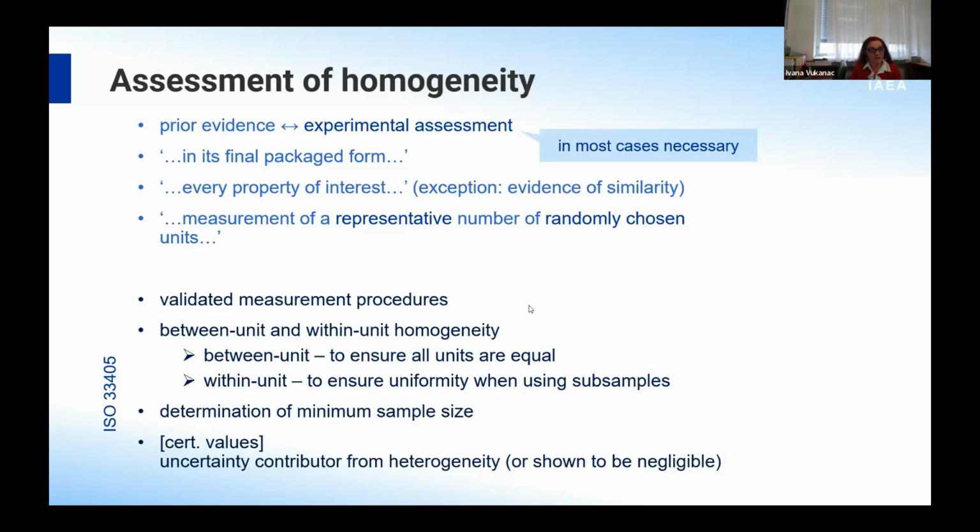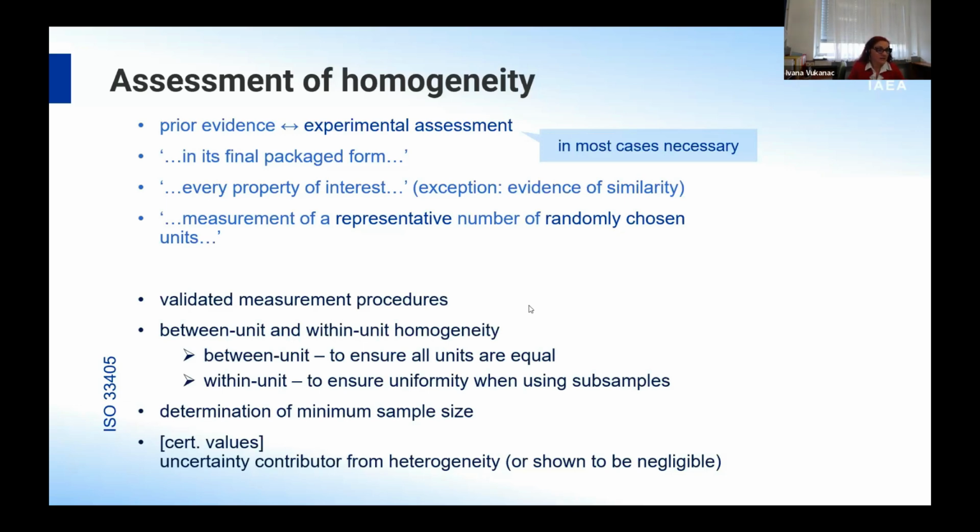gives us requirements such as that assessment of homogeneity is performed either by prior evidence or by experimental assessment, which is in most cases necessary. The standard says that assessment of homogeneity needs to be done with the reference material in its final packed form.